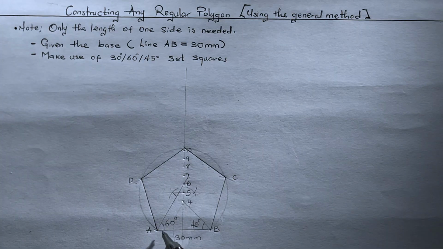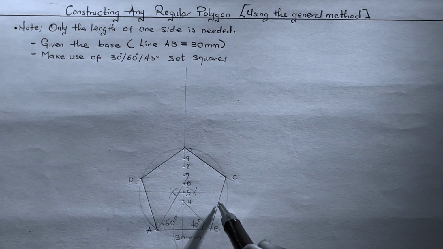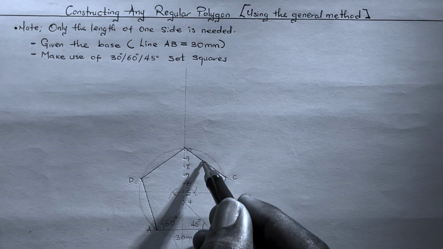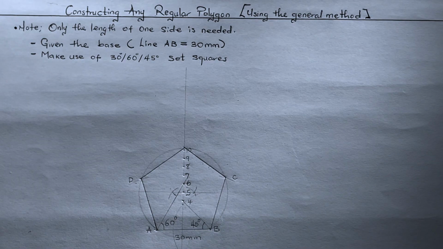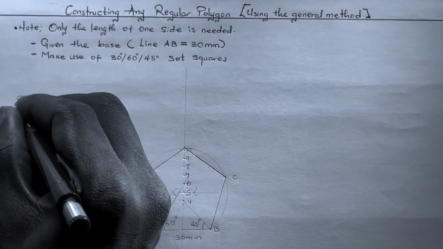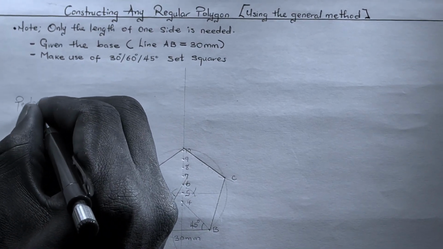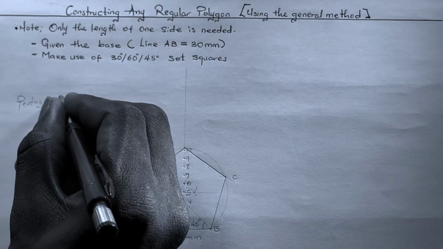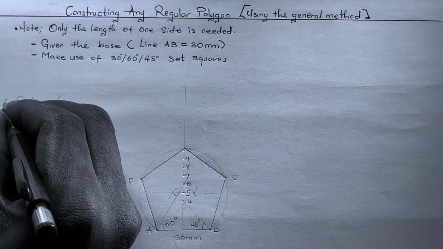So we have line EB as side 1, this as side 2, side 3, side 4, and side 5. So this is the pentagon constructed, which has 5 sides.